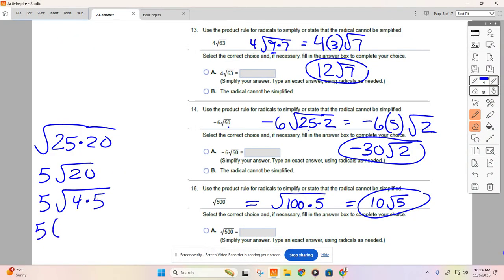Then when I take that square root of 4 out, I'd get a 2, and I'm left with the 5. I'd still end up at the same place. So it's better to try the biggest number possible. But if you don't, and you have something like this, just try to make sure that you look at what's under the radical and make sure that there's no more perfect squares that'll go into it. Okay?